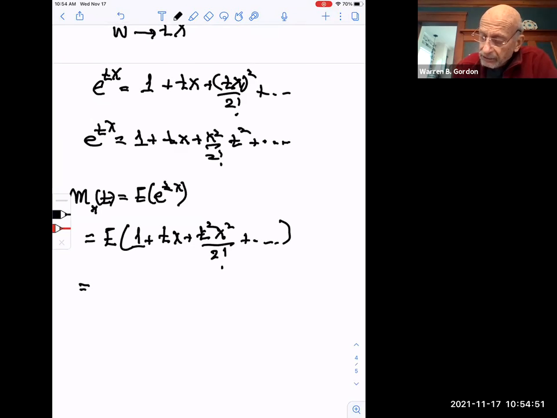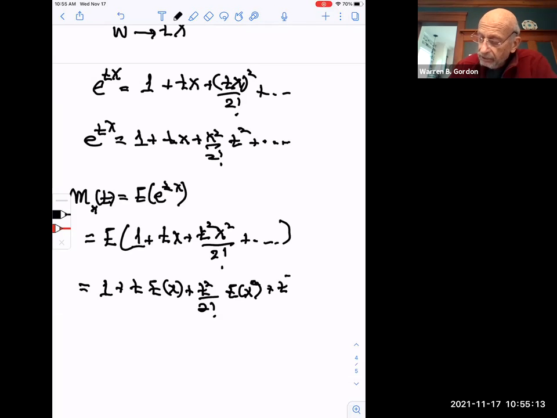So this becomes, using the properties of expected value, E of 1, which is 1, plus t times E of x, plus t squared over 2 factorial E of x squared, plus t cubed over 3 factorial E of x cubed, and so on.